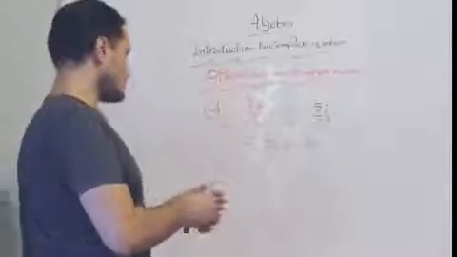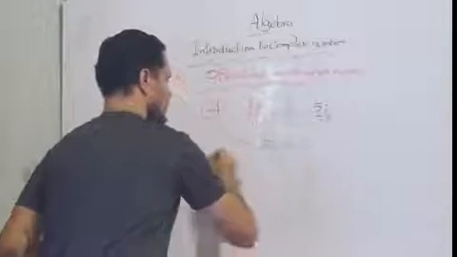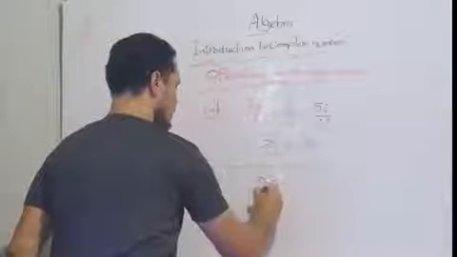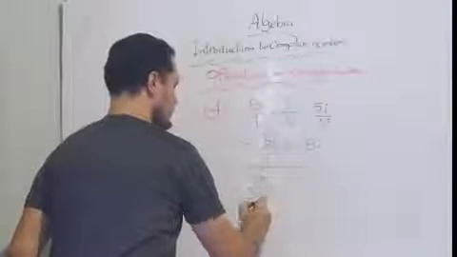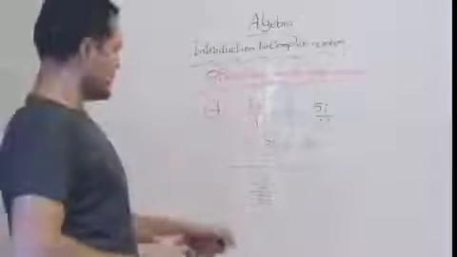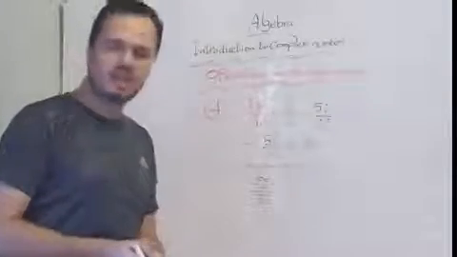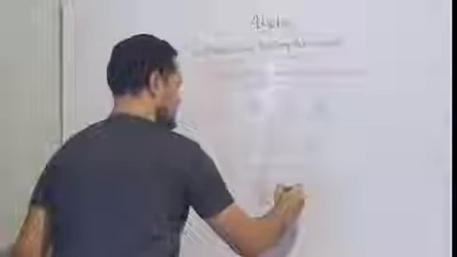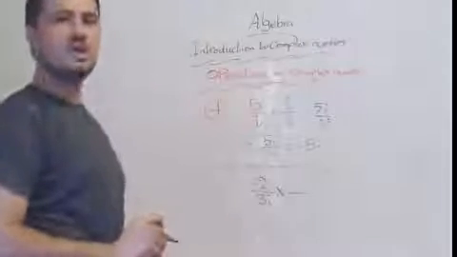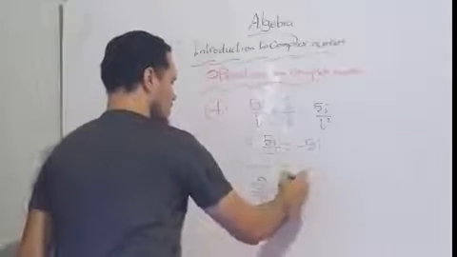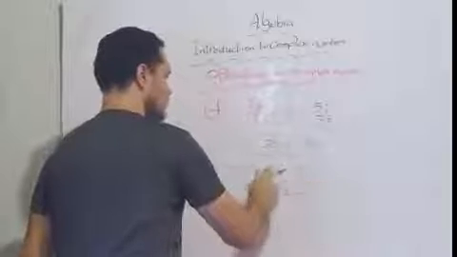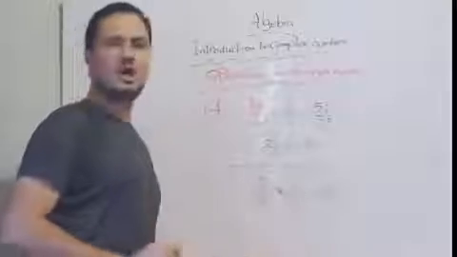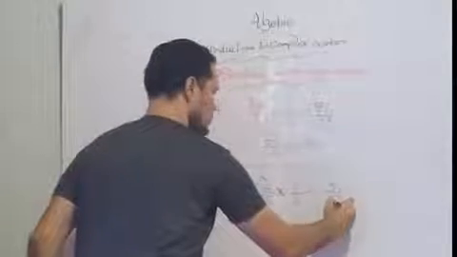Another one. Negative 2 over 3i. Okay, the denominator is an imaginary part. To convert it into real, just multiply by i over i. Negative 2i over 3i times i, 3i power 2.